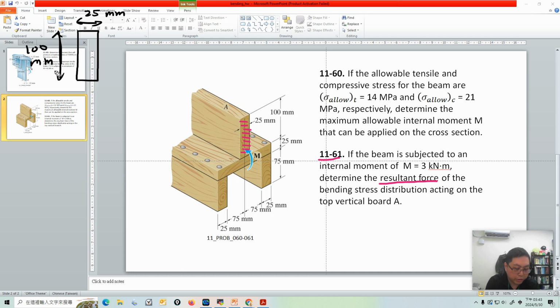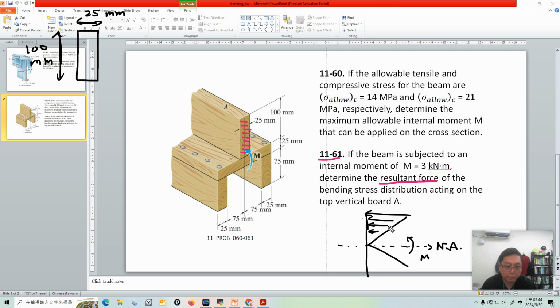Previously we said, in the bending stress, if this is a profile, it's hard to draw a straight line. This is the side view of the beam, and if there is a neutral axis here, and for the bending stress, if there is a moment like this, you will have a distribution of stress.